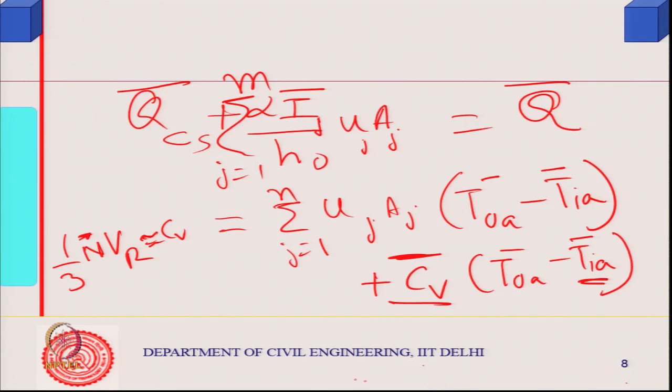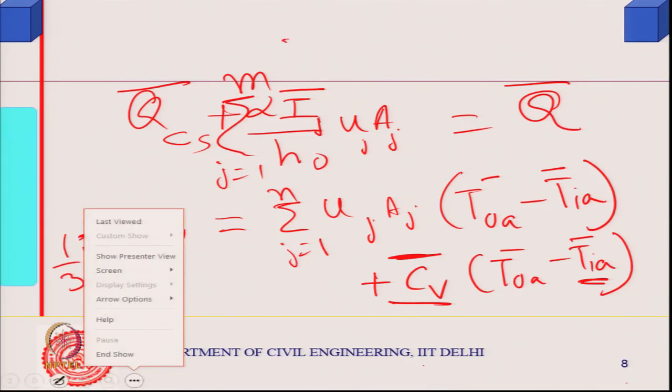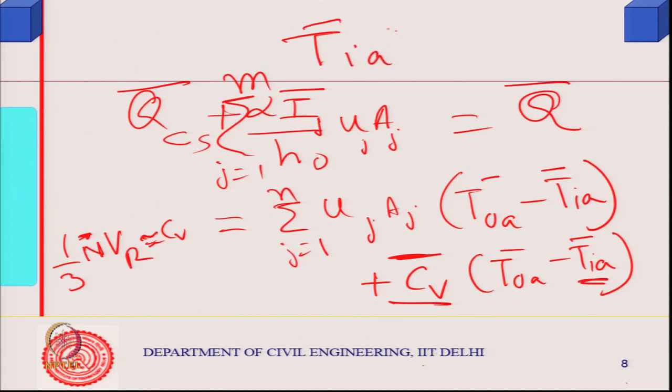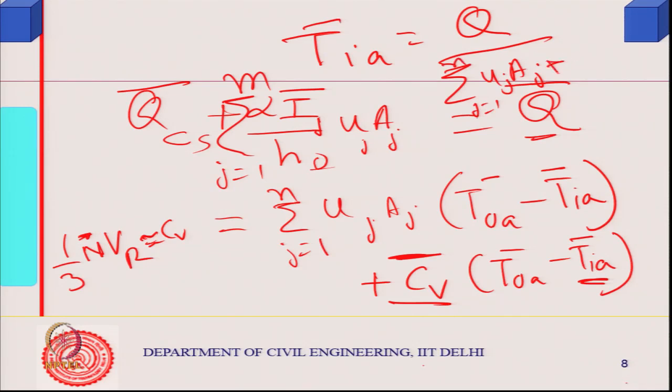So it follows that TIA bar can be written as Q bar, because I am calling this Q bar, divided by sigma U_j A_j, j going from 1 to n, plus CV.